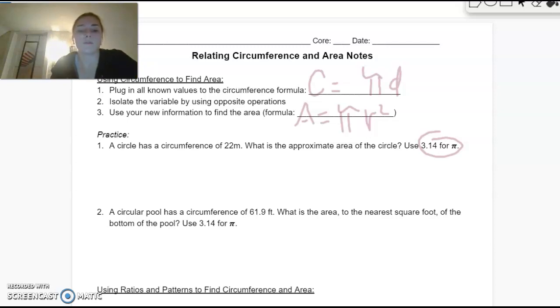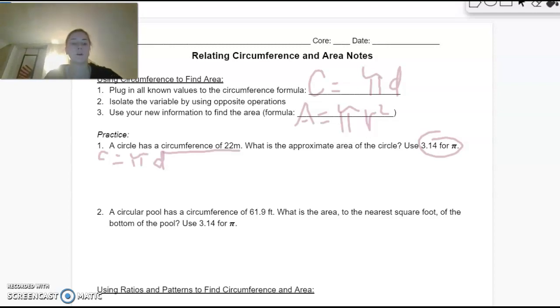All right, so we have a circumference here of 22 meters. We know that our circumference formula is pi times diameter, okay? So if we have our circumference 22 and we know 3.14 and we have our diameter, we're going to solve for d by dividing by 3.14 on both sides, leaving us with d equals 7.